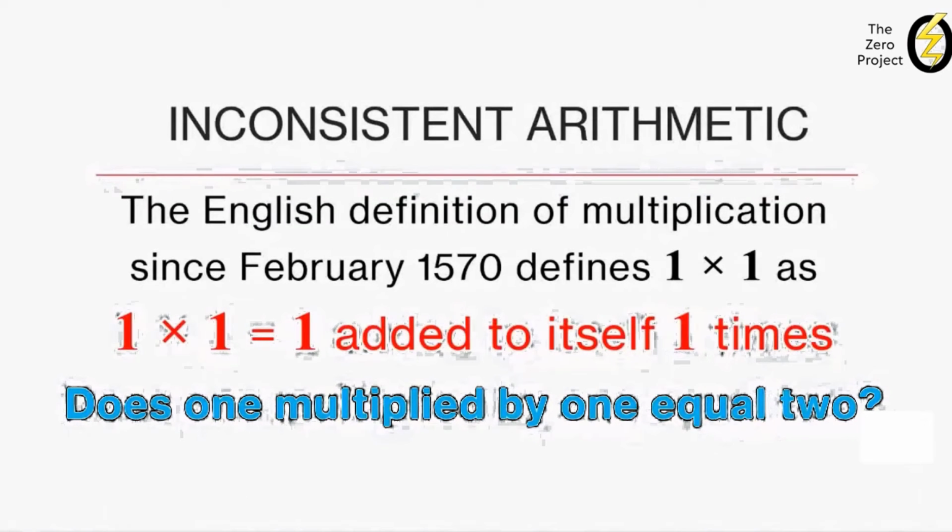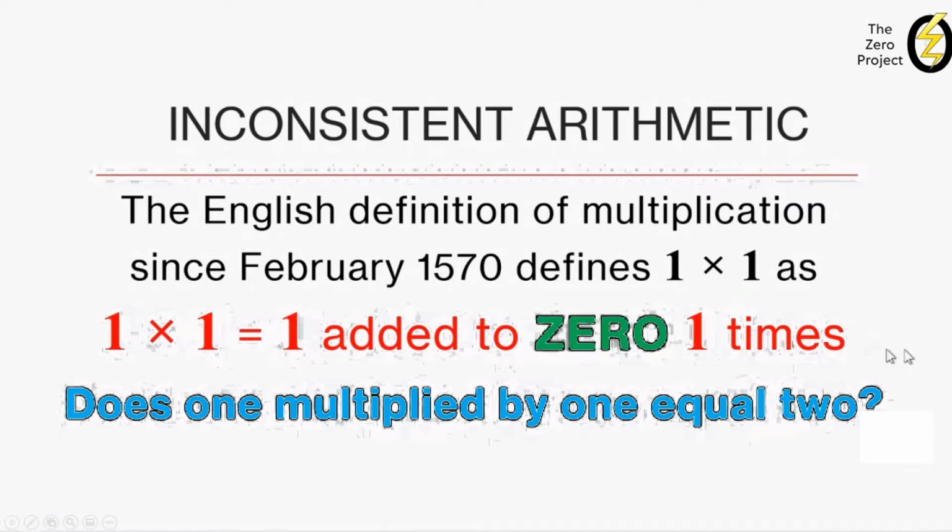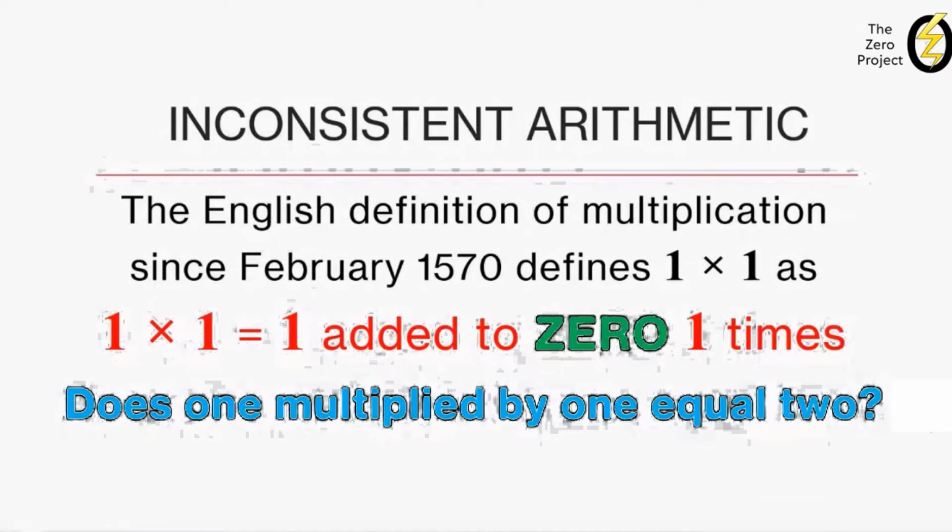So from 1570, if we passed the English language definition of multiplication literally, 1 multiplied by 1 would equal 1 added to itself 1 time, and that equals 2. So at the age of 7, I noticed that there was a problem, and that was pretty simple, and that was that it should have been explained to the class that there was a zero involved.